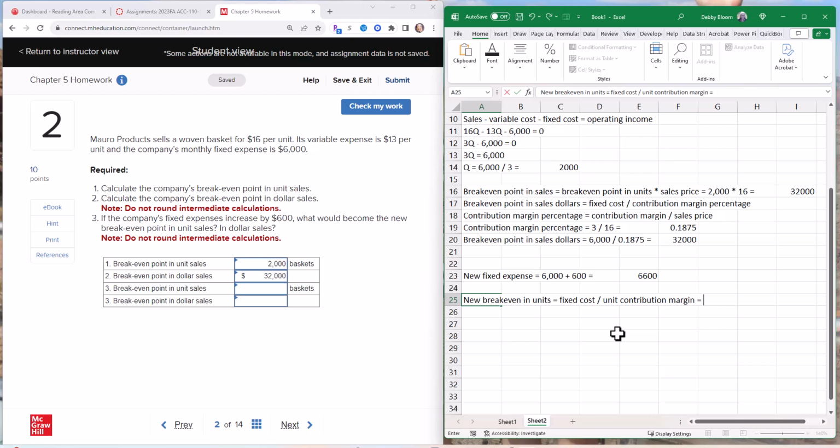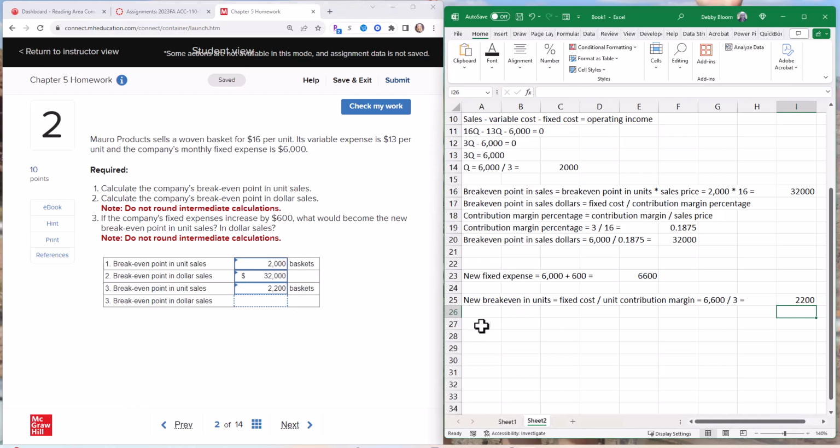So our new fixed cost is $6,600, but our unit contribution margin, it didn't say that the sales price or the variable cost per unit changed, so it's still 16 minus 13, which would be 3. So now all we have to do is take 6,600 divided by 3, and we get 2,200.